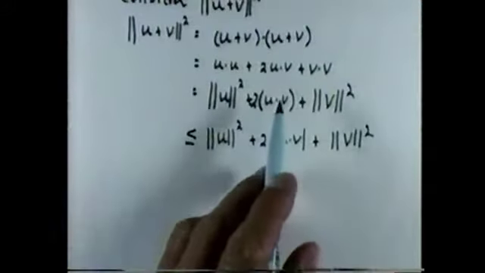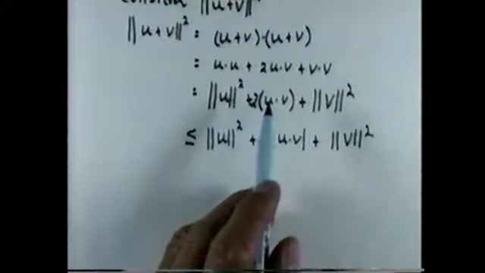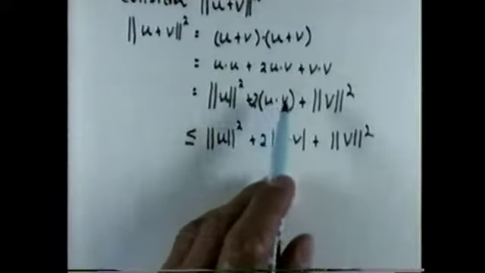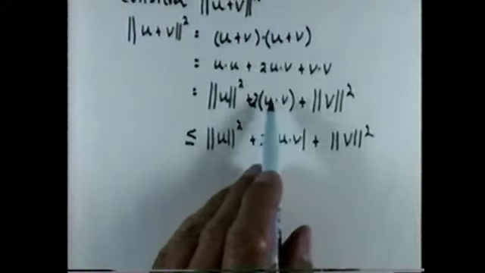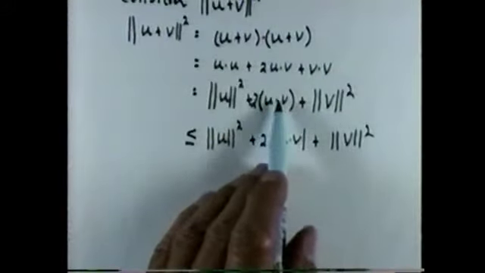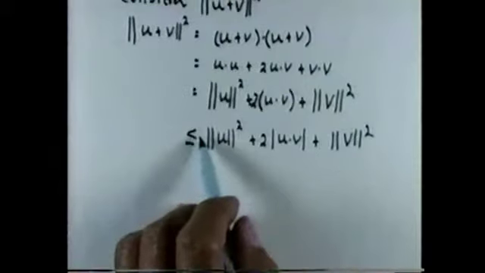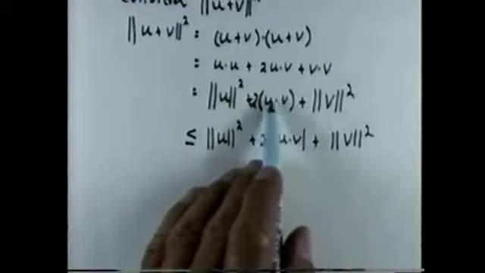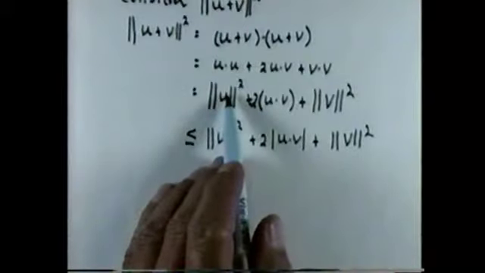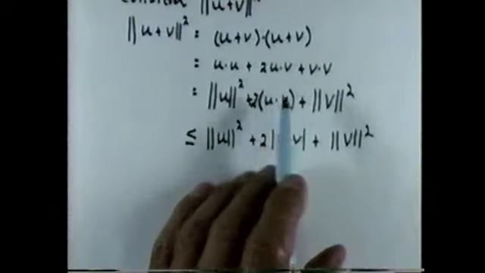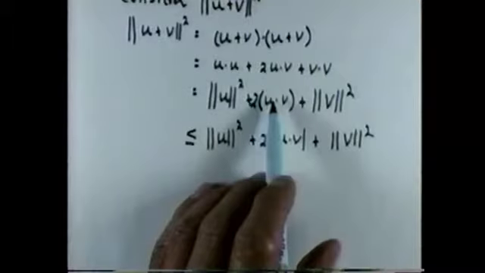Now let's see why this would be the case. If u dot v is positive, then we would have equals. If u dot v were negative, then we would have less than, because that negative would be subtracted from the magnitude of u plus the magnitude of v, which would create a smaller number.